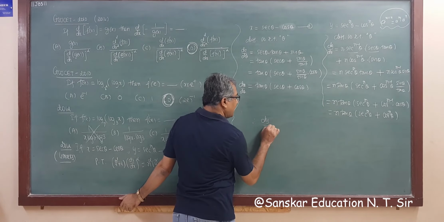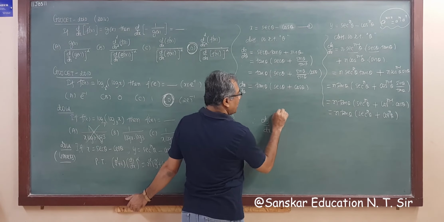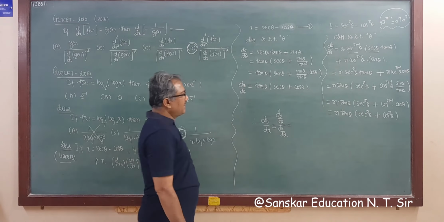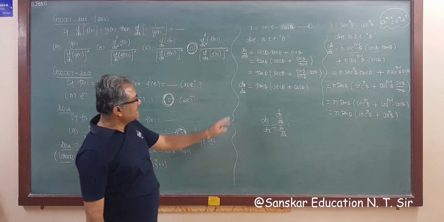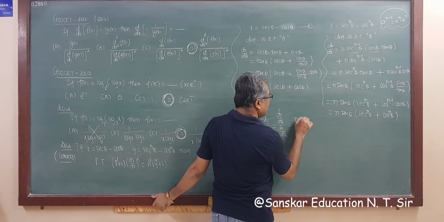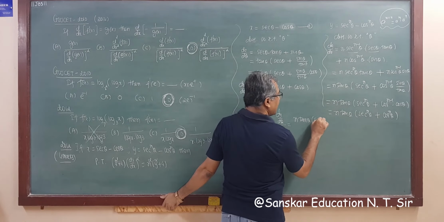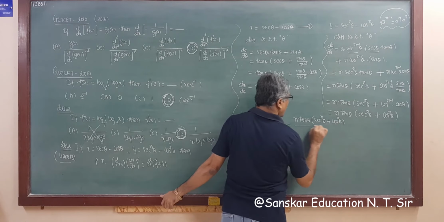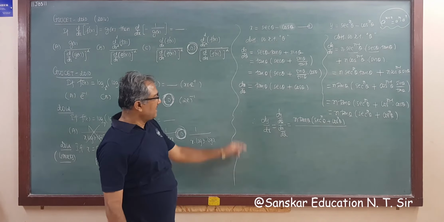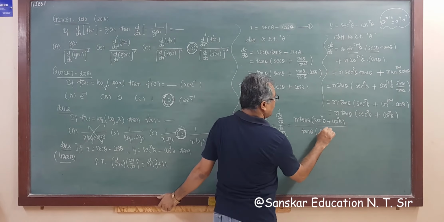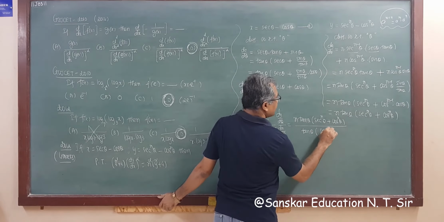So dy by dx is equal to dy by d theta upon dx by d theta. So dy by d theta is n tan theta (sec raised to n theta plus cos raised to n theta), whole upon dx by d theta, which is tan theta into (sec theta plus cos theta).